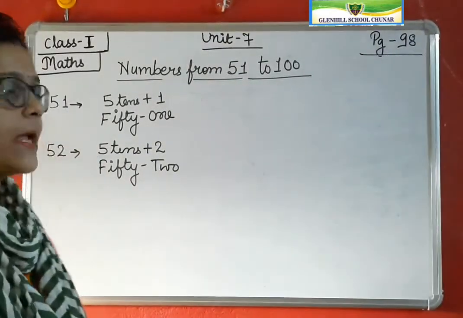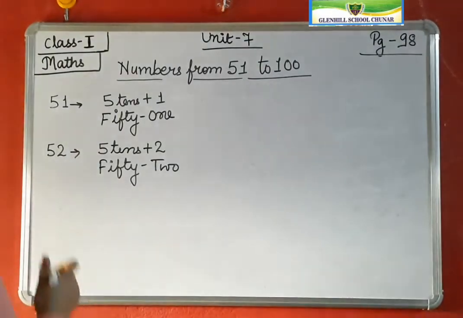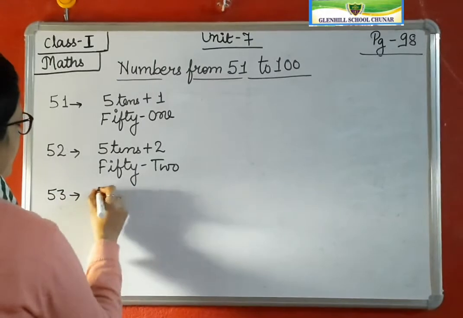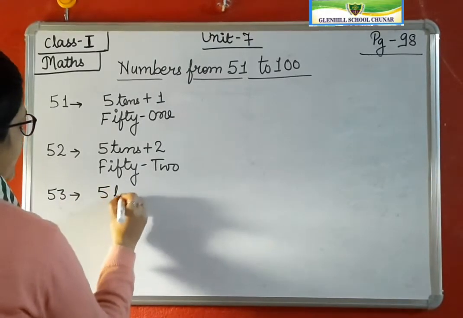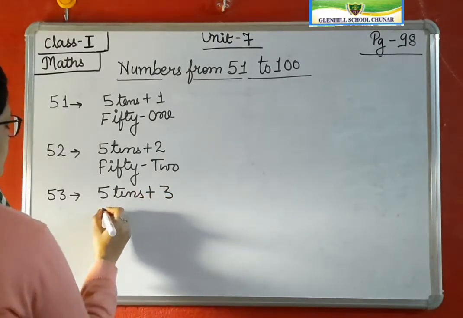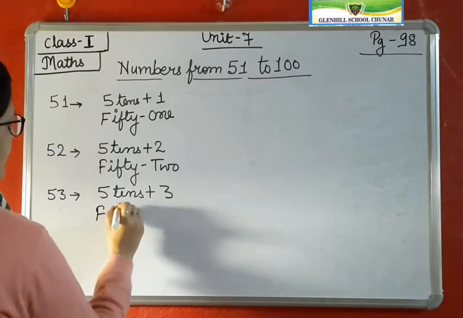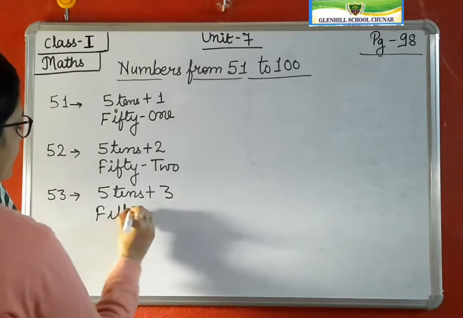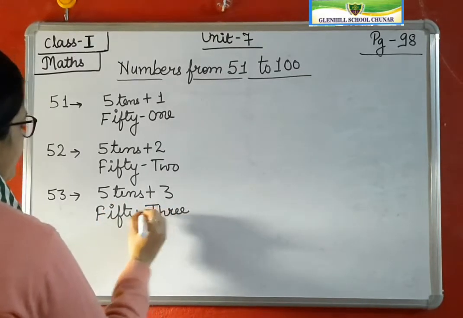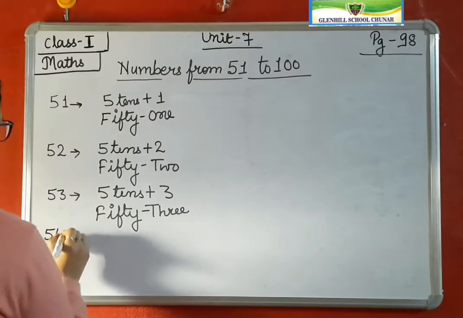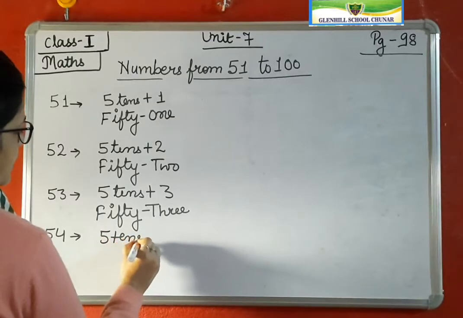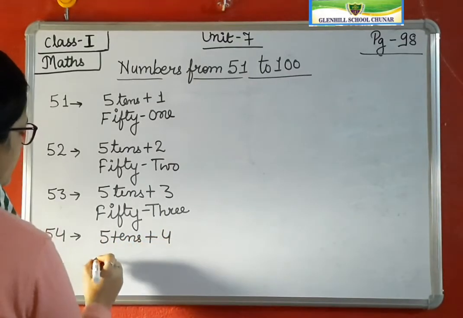So everyone take out your notebook and do it. 53 means 5 tens plus 3. So it becomes what? 53. Okay? 54 means 5 tens plus 4.